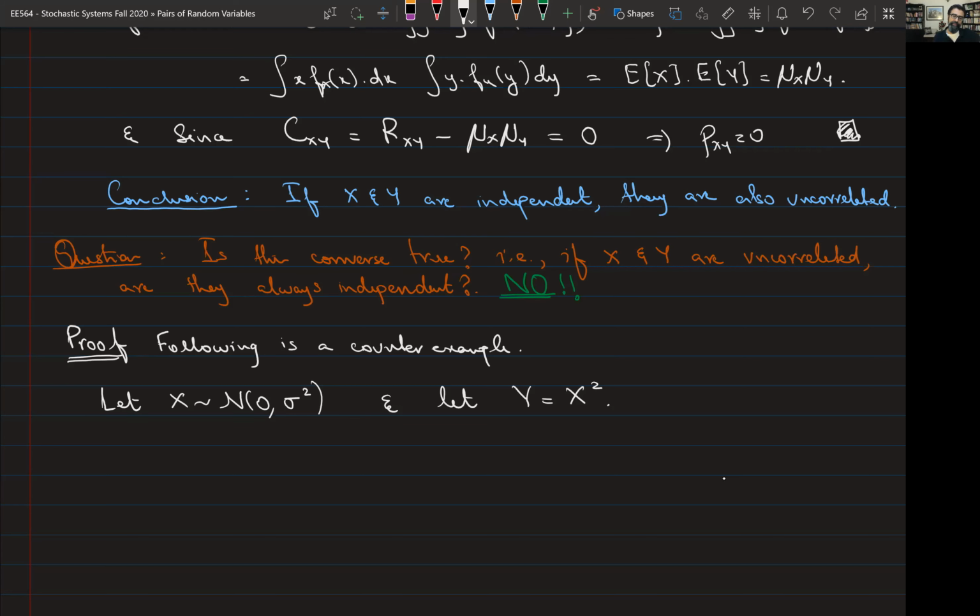So this was a homework problem, by the way. So given Y, do you know what X is? और उसकी PDF क्या है X की? चलो this is sort of a digression here. लेकिन given Y, X is actually a discrete random variable, with a probability of half of it being equal to plus root Y and the probability half of it being equal to minus root Y. ठीक है, दो deltas आती हैं उसमें, but that was actually in the homework, something to think about, something to ponder about.